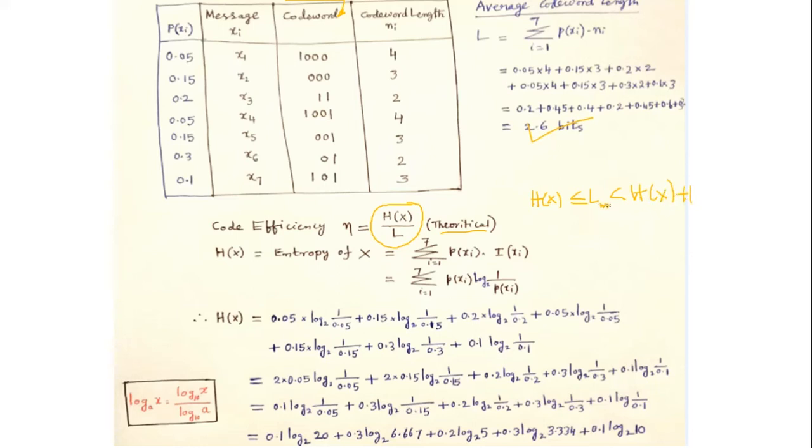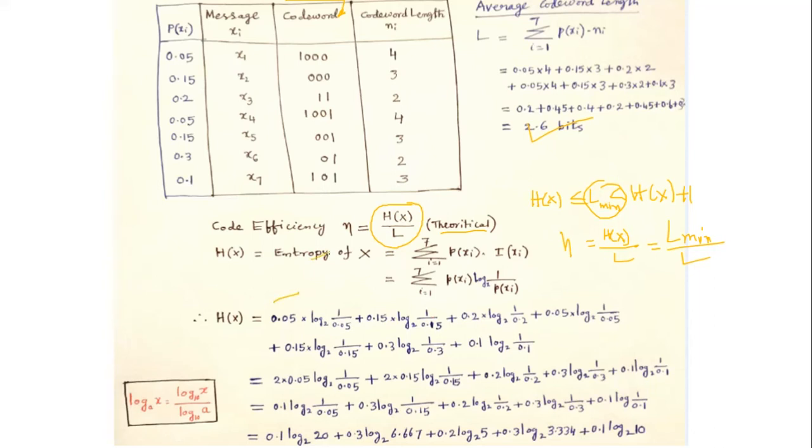This is the minimum value of L. So we can write efficiency either as H(X) by L, or L minimum, the minimum possible value of L, by L. L is the average code word length. We can also write like this.